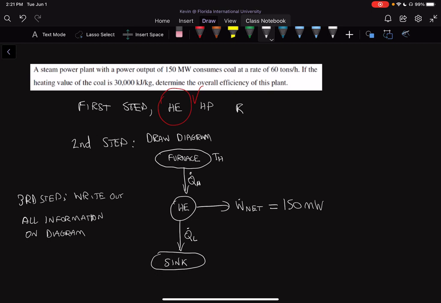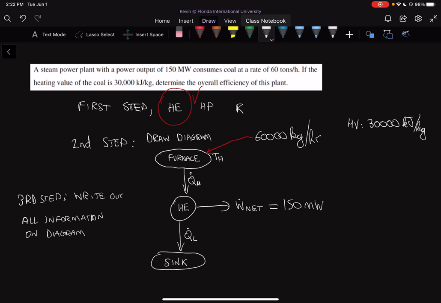And we're told that it consumes coal at a rate of 60 tons per hour. So in our furnace, essentially, we have 60,000 kilograms, or 60 tons, consumed per hour. And we're also told that the heating value of coal is equal to 30,000 kilojoules per kilogram.